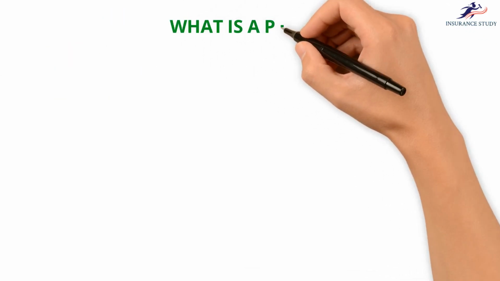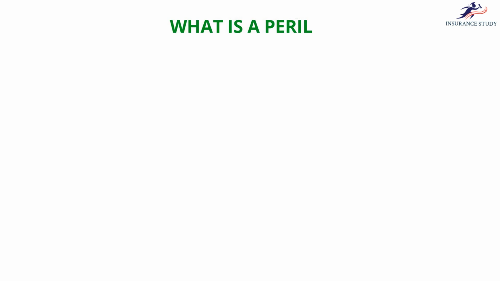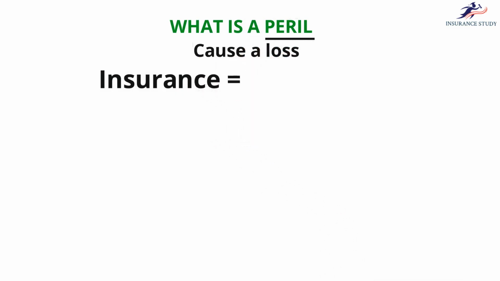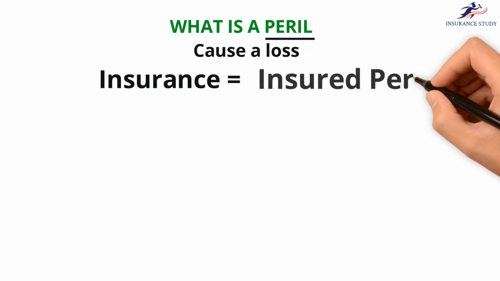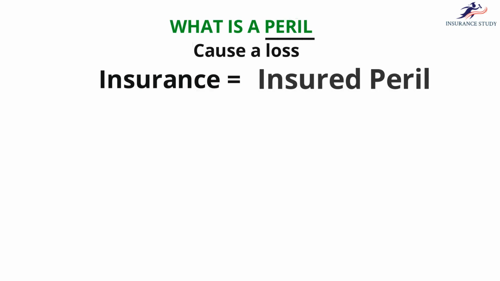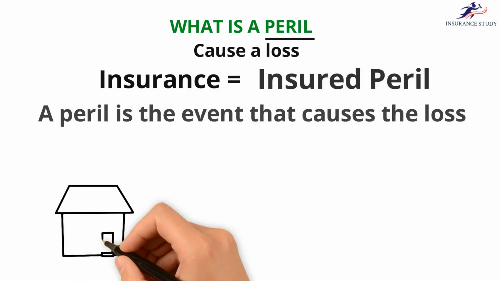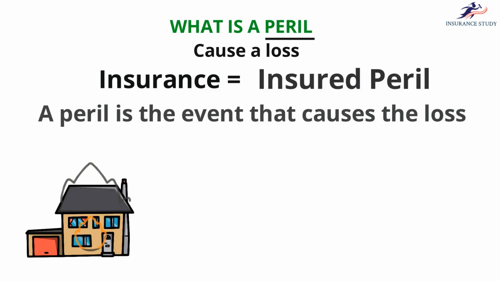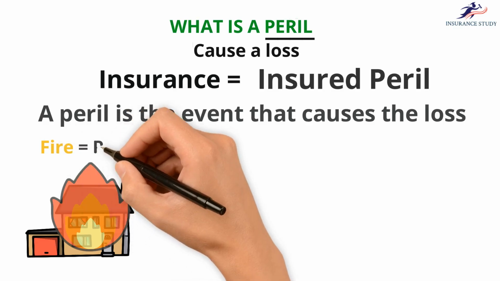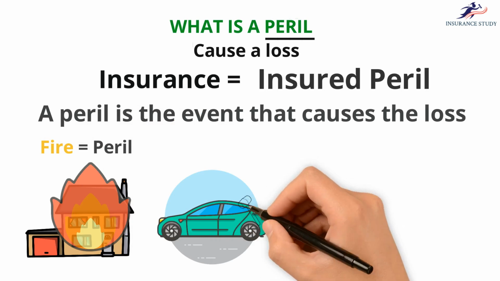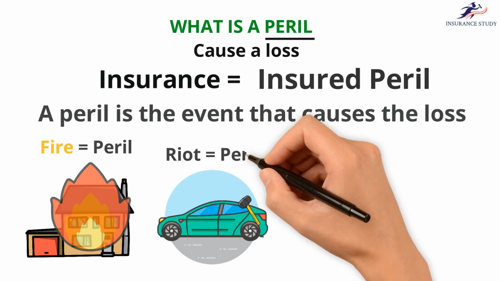Now we come to another very important insurance term: peril. A peril is an event that may cause a loss. Insurance is provided against loss arising from the occurrence of an insured peril. Let's make this simple. A peril is the event that caused the loss. For example, if a house is damaged by a cooking fire, the fire is the peril. If a car window is smashed by a riot, the peril is riot.